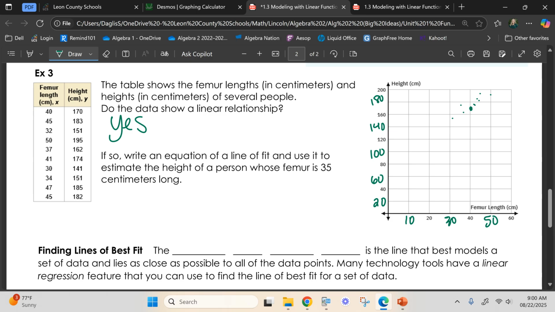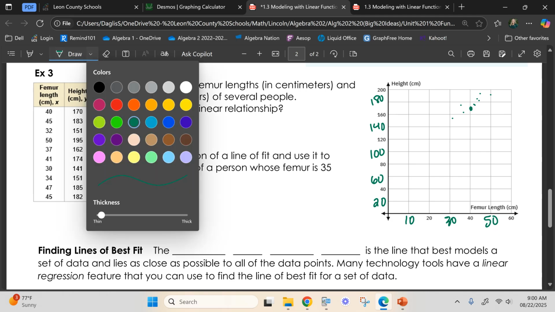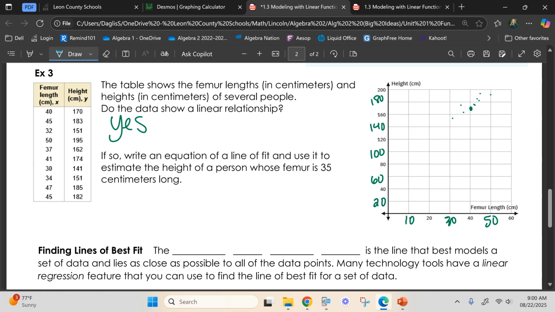So now we're going to write an equation of line of fit, and use that to estimate the height of a person whose femur is 35 centimeters long. Okay. So step 2 told me to draw a line through my data, trying to fit the same amount above and below my line. So I'm going to go like that. Is that okay?